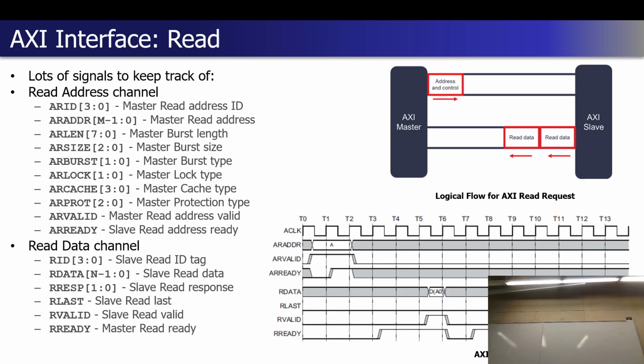You set AR valid high, and you wait until you receive that AR ready signal. At that point, after an arbitrary amount of time, you've decided the address has been latched, that information has been sent over the bus. I now should be expecting at some point to be getting some data back.